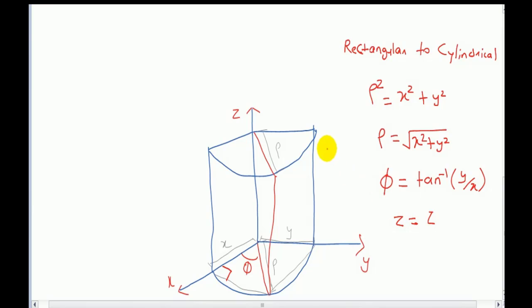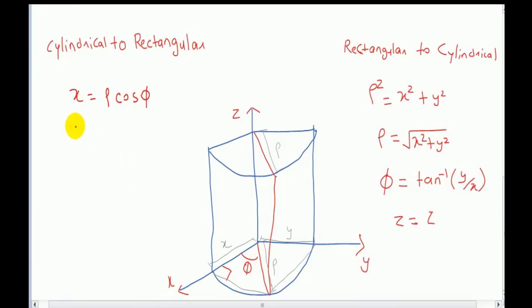Now if you want to do the opposite, that is cylindrical to rectangular, you can find the values of x and y in terms of rho and phi. So you can see that this is rho. If I project this on the x-axis, then it will become rho cos phi. So we can write that x is equal to rho cos phi, and if I project rho on the y-axis, then it will become rho sin phi.